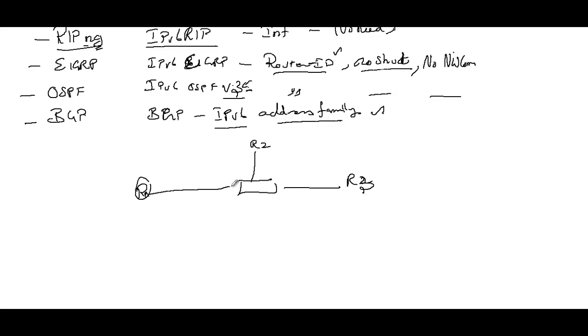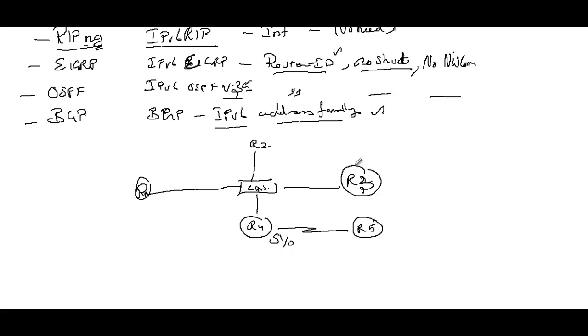We'll have router 1, router 2 and router 3, and a LAN switch. And then this one we will connect to router 4. Let's say that is a WAN interface. We have a serial interface, serial 1/0, and that is connected to router 5.